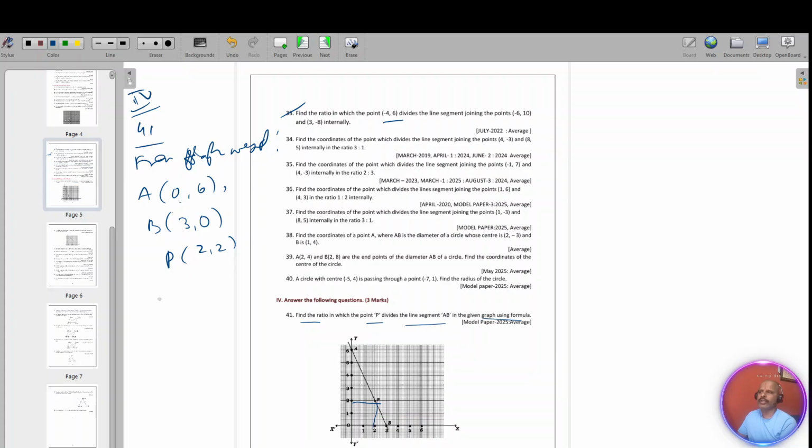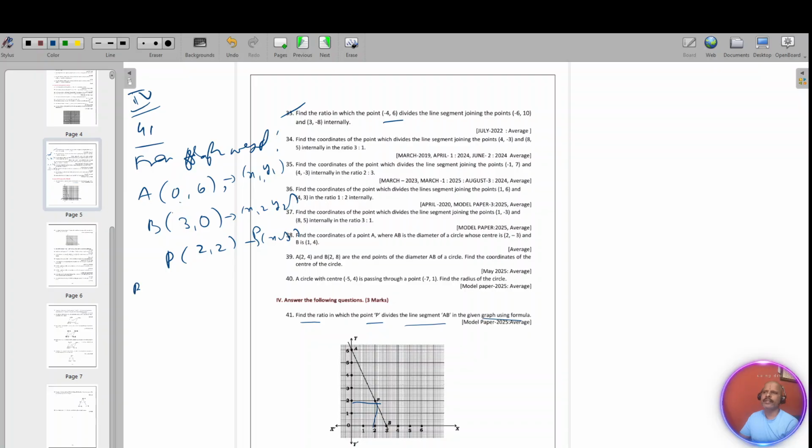Once you have the points, you want the distance ratio, right? Since the ratio is needed, you have to apply the section formula. Let this be x1 y1, let this be x2 y2, and let this be P of xy. By the section formula you apply and solve it. I think we have seen it in the 33rd one.